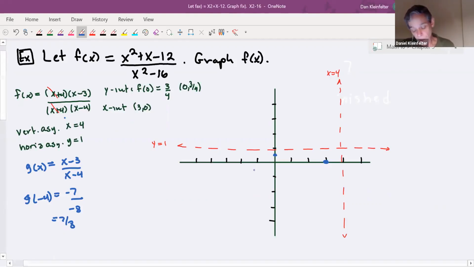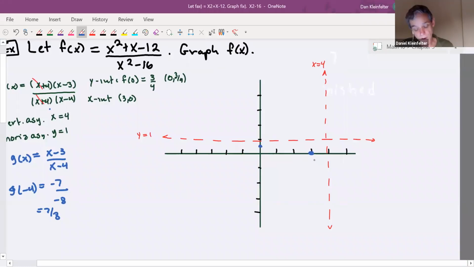Okay, so now I want to fill out the rest of the graph. So thinking about our x-intercept, we only have one x-intercept, and it's right here at (3, 0). And the graph has to approach its vertical asymptote. We need to check and see, okay, could it be going upward at this point? Let's think about that for a second. So this is, again, going to be reasoning.